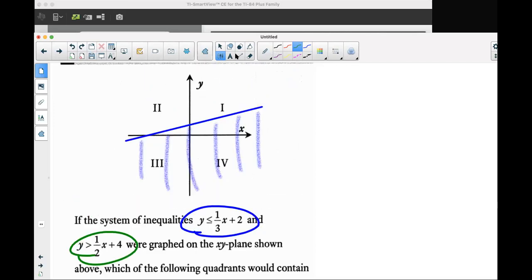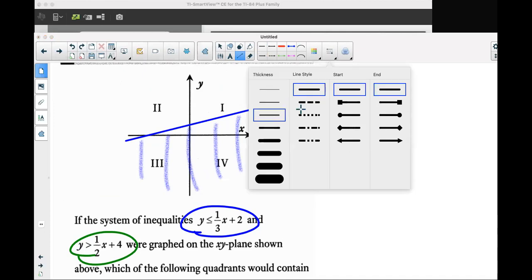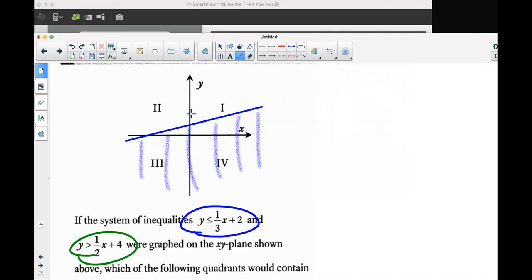So 4 here, and then the slope is a bit steeper. I'm not sure if they're meeting up here or not, but that's basically what's happening.